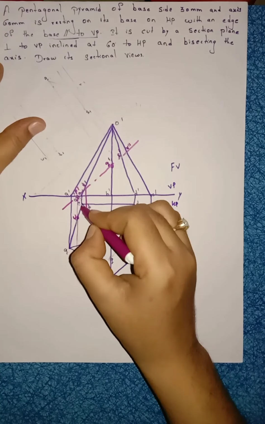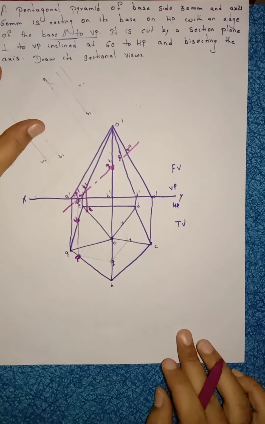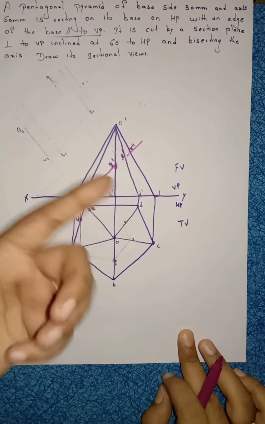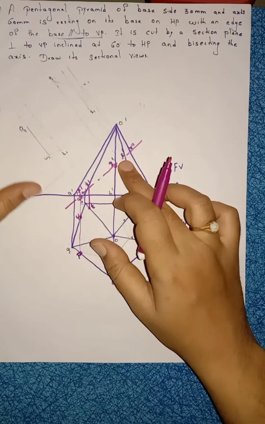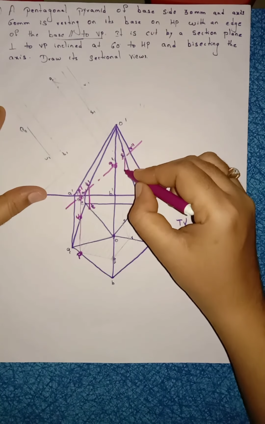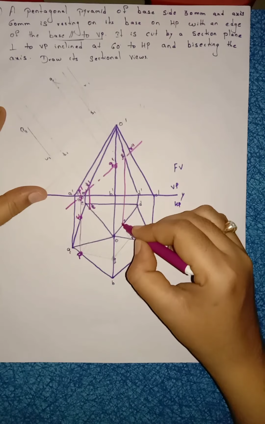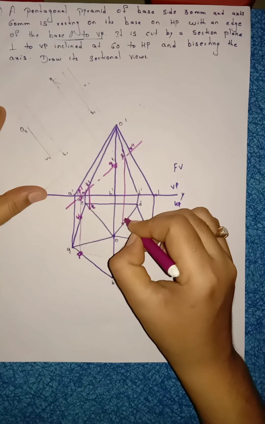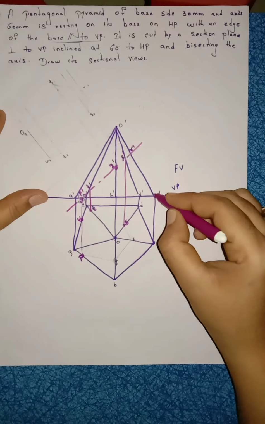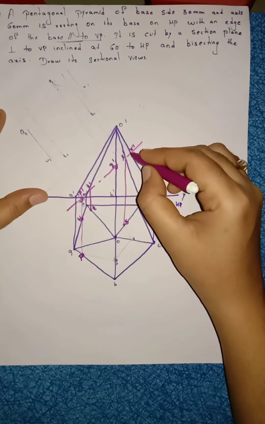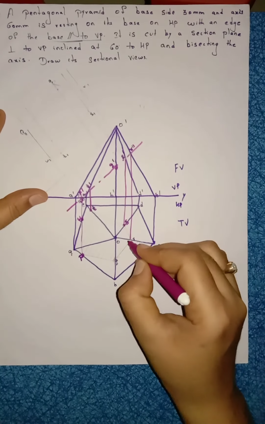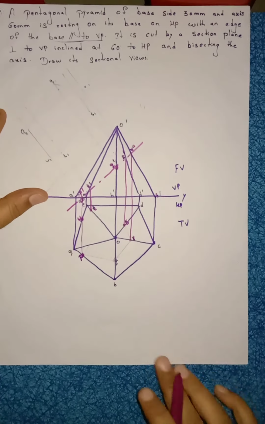In between O, E, mark T point. What I said, whatever is the point on the axis line, mark as last. Next is S. S is in between O, D. From S, draw a straight line. In between O and D, mark this point as S. Next is R. R is in between O and C here. So from R, draw the straight line. In between O and C, mark this point as R.